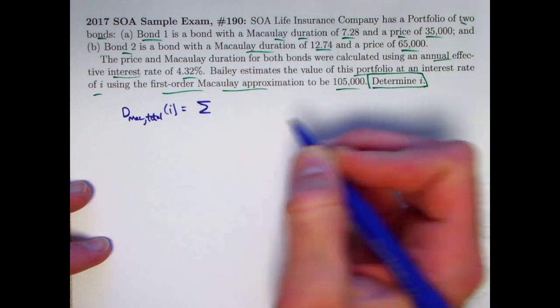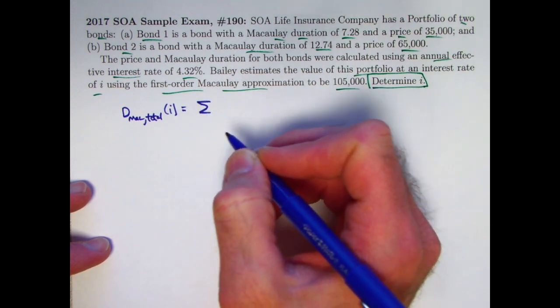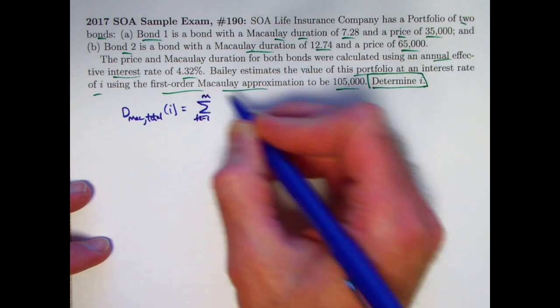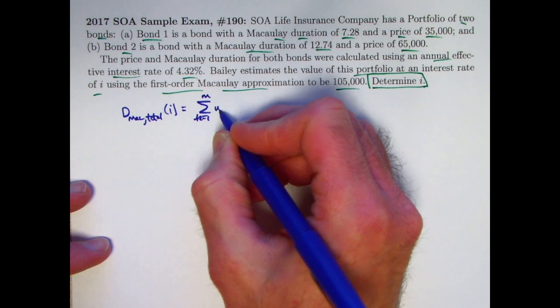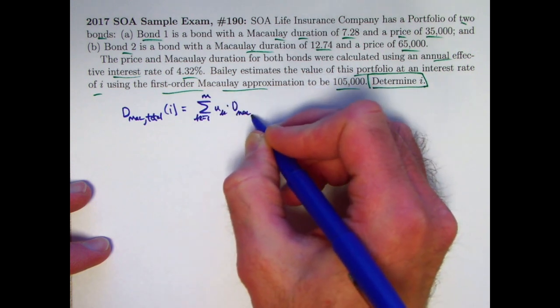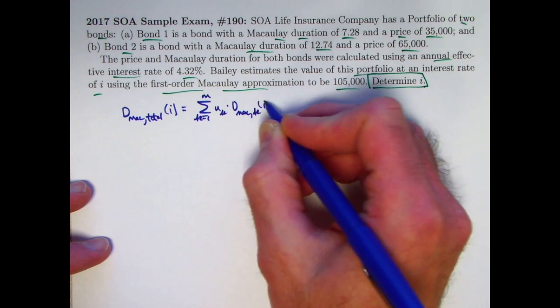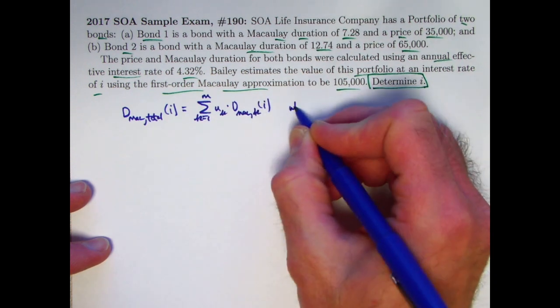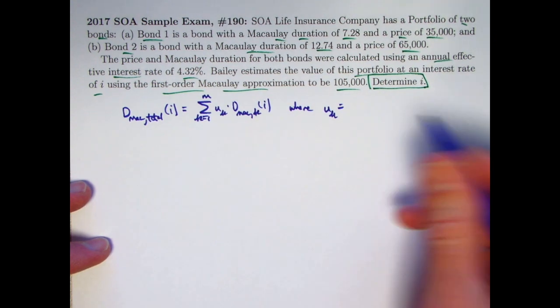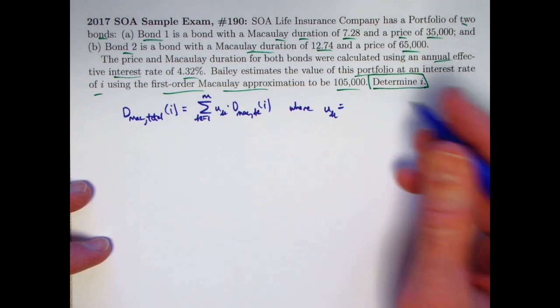Say you've got a portfolio of M investments, it could be M bonds. Sum K goes from 1 to M, of UK times the Macaulay duration of that kth investment at interest rate I, where UK is a weight, and the sum of the UKs is 1.